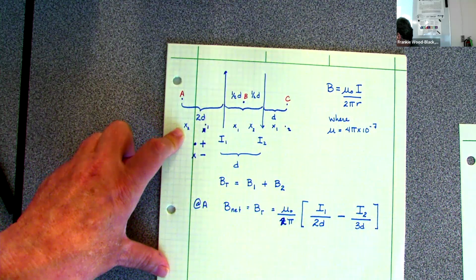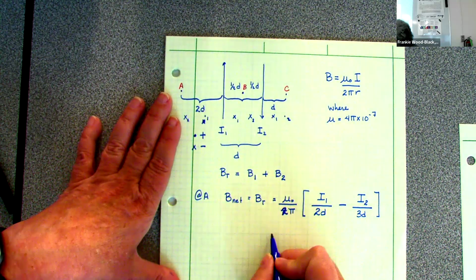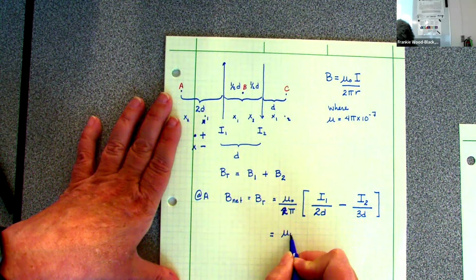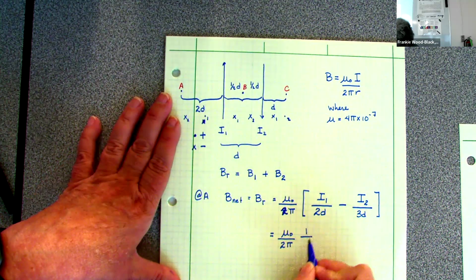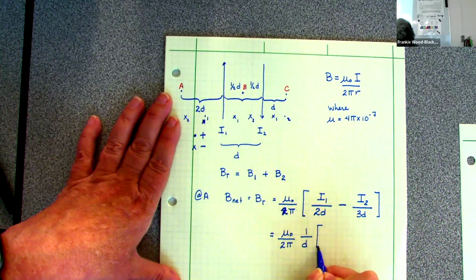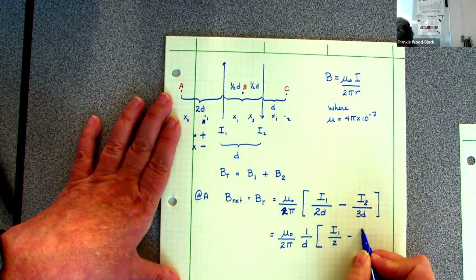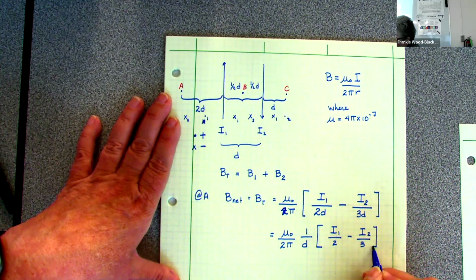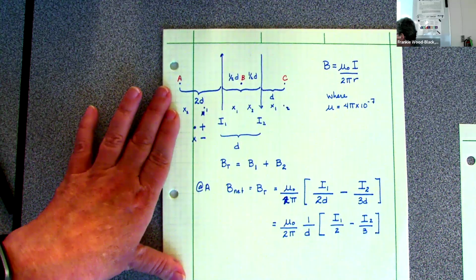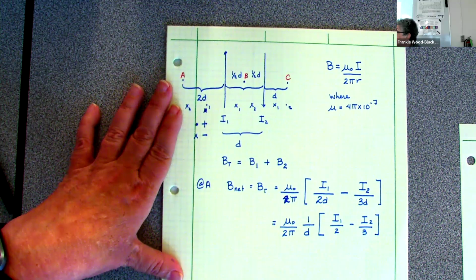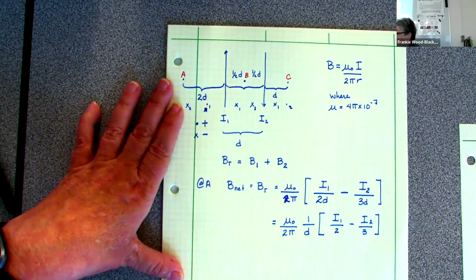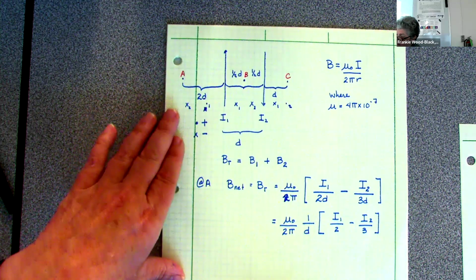So I'm going to end up getting mu over 2 pi times 1 over d, current 1 divided by 2 minus current 2 divided by 3. And that would be the net magnetic field at point A due to those 2 wires.